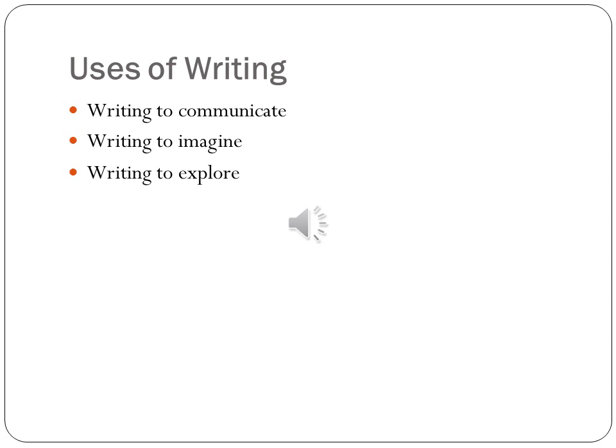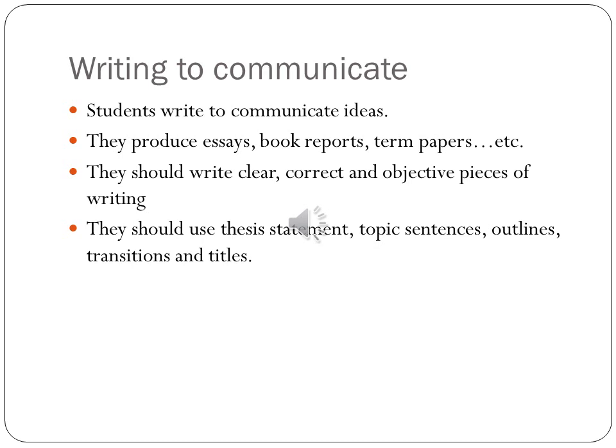Uses of writing. Writing can be used for different reasons. Among these uses are: number one, writing to communicate; number two, writing to imagine; number three, writing to explore. And we're going to talk about each use later. The first use of writing is to communicate.